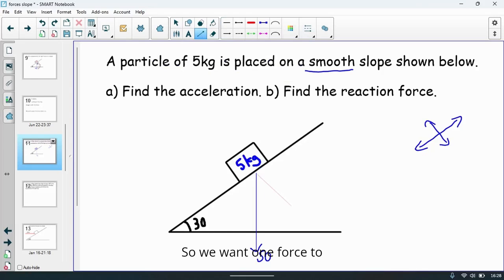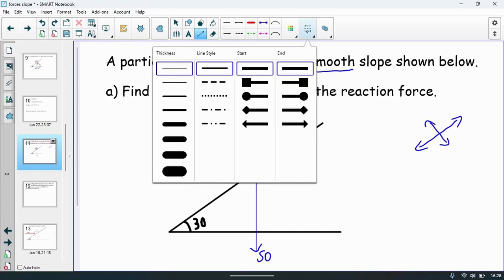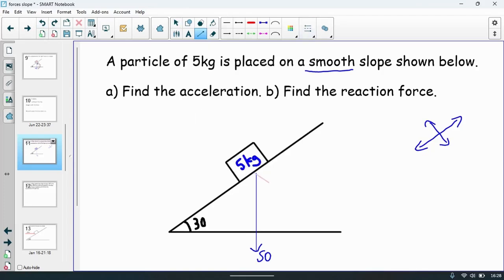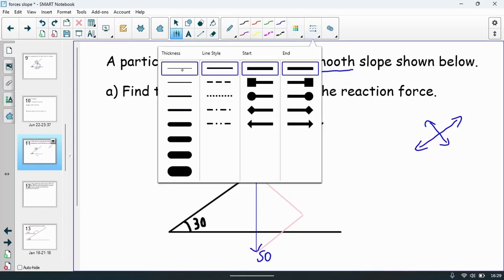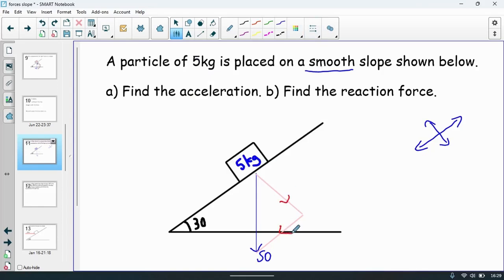We want one force like this and another force going in this direction. Right, so then we have both the weight components in these directions.